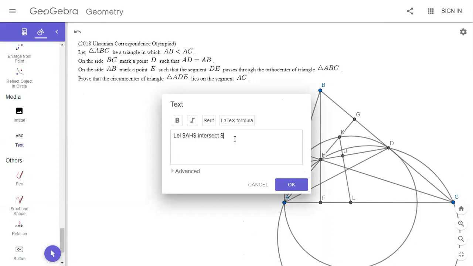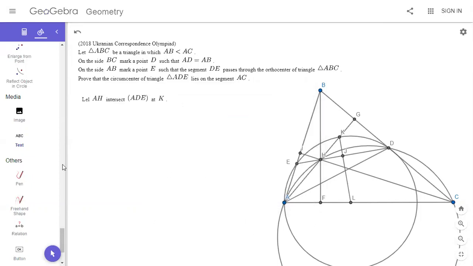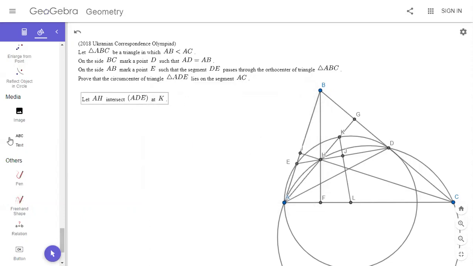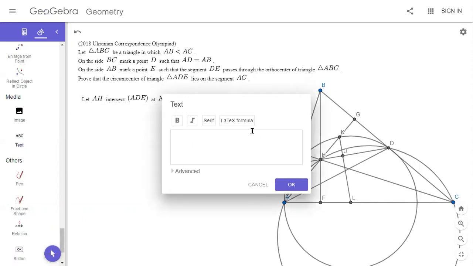So let AH intersect the circle ADE at point K. And then, sorry. Since AB equals AD, AH bisects angle BAD.